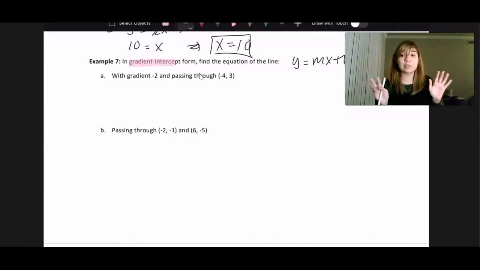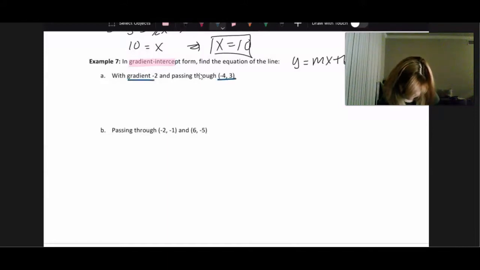Probably sounds confusing, so I'm going to solve both of them in the two different manners, the two different suggestions I gave you. The first one is solving it using point-gradient form, because we're given a gradient and a point.